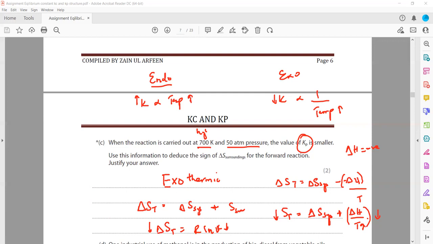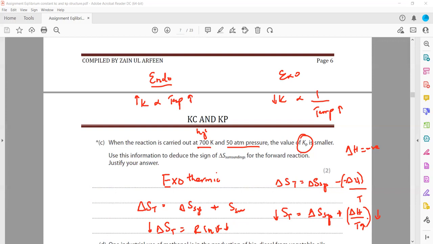And when the forward reaction is exothermic, the entropy of the surrounding, which is given by minus delta H by T, will be positive. But because the temperature is high, the entropy of the surrounding will be low. As a result, the total entropy will decrease. And when the total entropy decreases, the equilibrium constant K will also decrease.